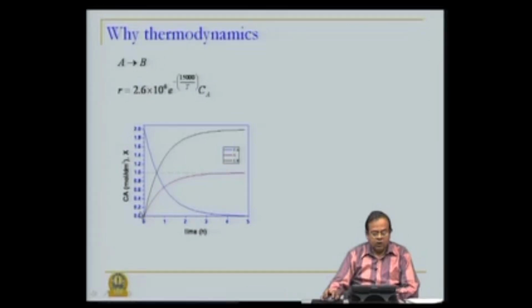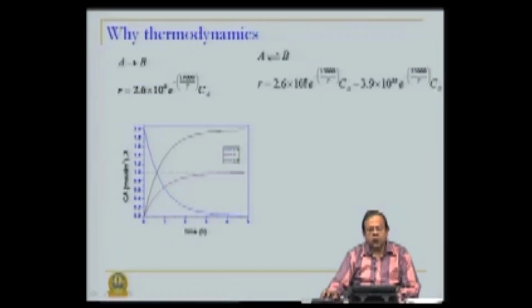We also have conversion, which we calculated as I explained just now, and this conversion again increases from a 0 value to a value 1 or 100% if you are talking in terms of percentage conversion. So, this is how typically a reaction of the type A going to B is expected to behave, and indeed it does behave in that manner.